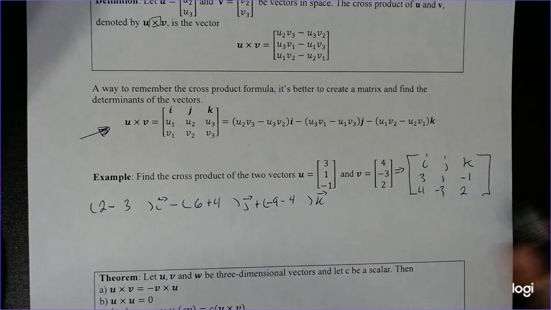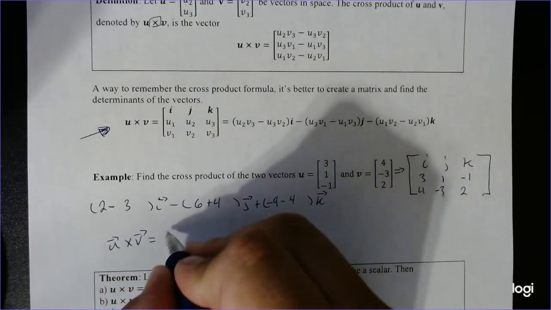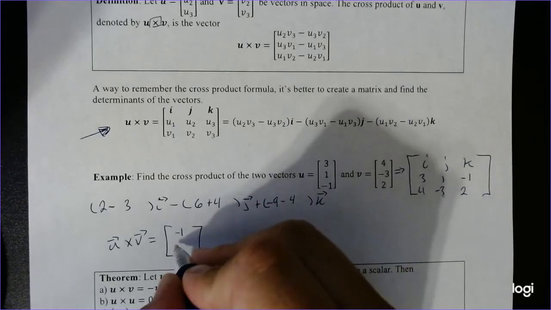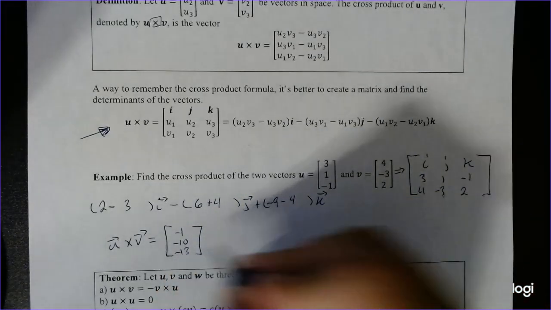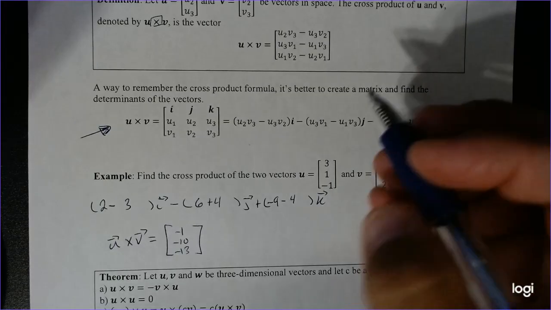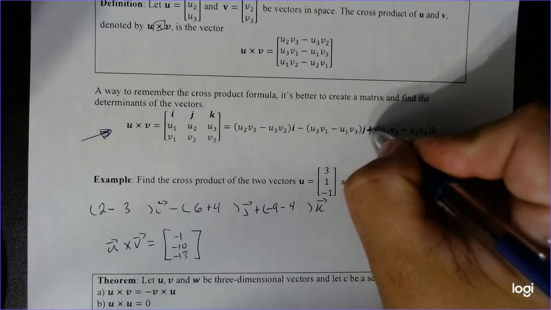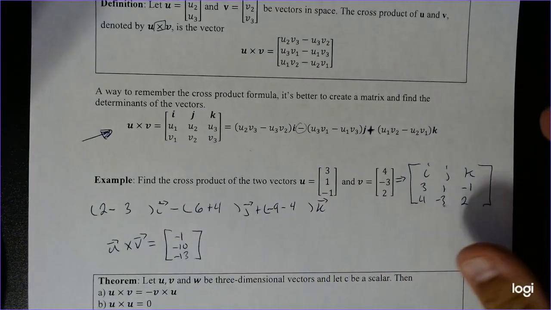So the cross product of u and v will be the vector of negative 1, negative 10, and negative 13. And again, actually, I forgot. This should be a plus here. My mistake. Change that to plus. The middle is the negative. There you go.